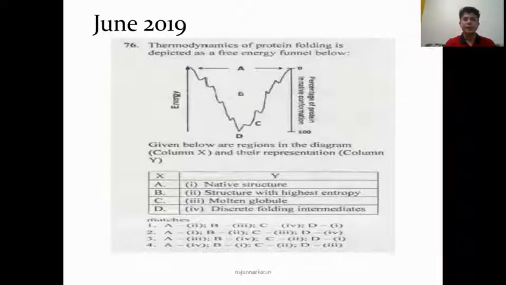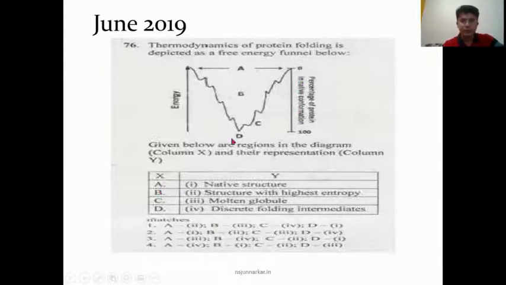In this question, the thermodynamics of protein folding is depicted as a free energy funnel below. So here the figure is shown and the different forms of the protein are shown. That is, the protein which is in native structure, or in molten globule form, or discrete folding intermediates. So we have to predict which alphabet is indicating which conformation of the protein. On this scale, the percentage of the protein in the native conformation is shown.